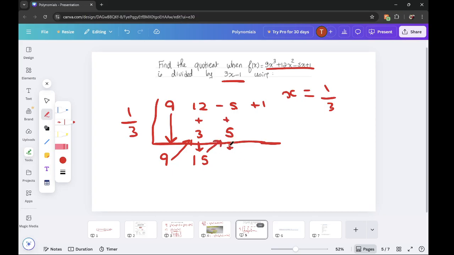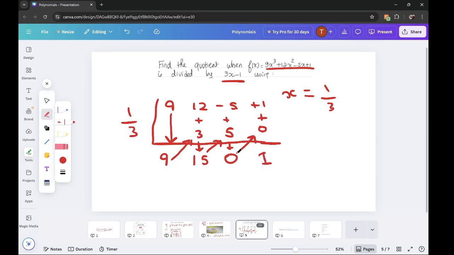Once I bring it down, I get 0: minus 5 plus 5 is 0. And then you multiply that again by 1 over 3. So 1 over 3 times 0 is obviously 0. So you put 0 over here and you add it to 1. And you get 1.